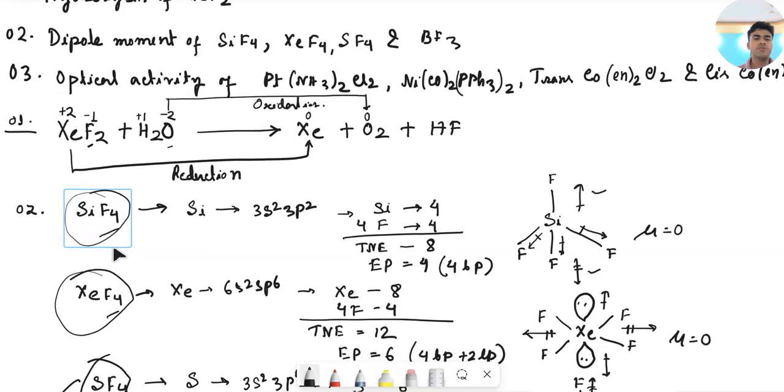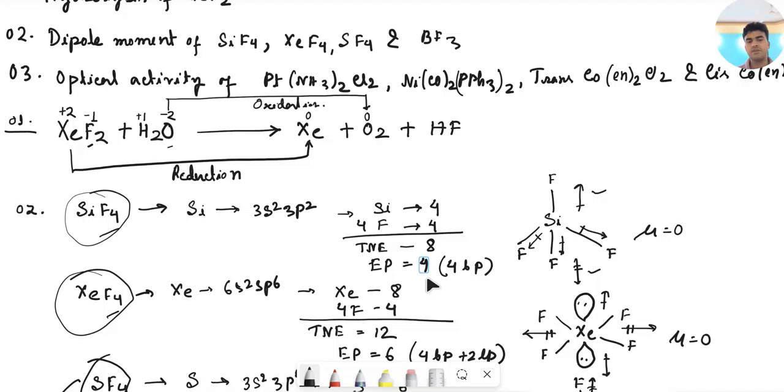For SiF4, silicon has electronic configuration 3s2 3p2. So silicon has 4 electrons in its outer orbital, and 4 fluorine contribute 4 electrons. Total number of electrons is 8, so electron pairs will be 4.